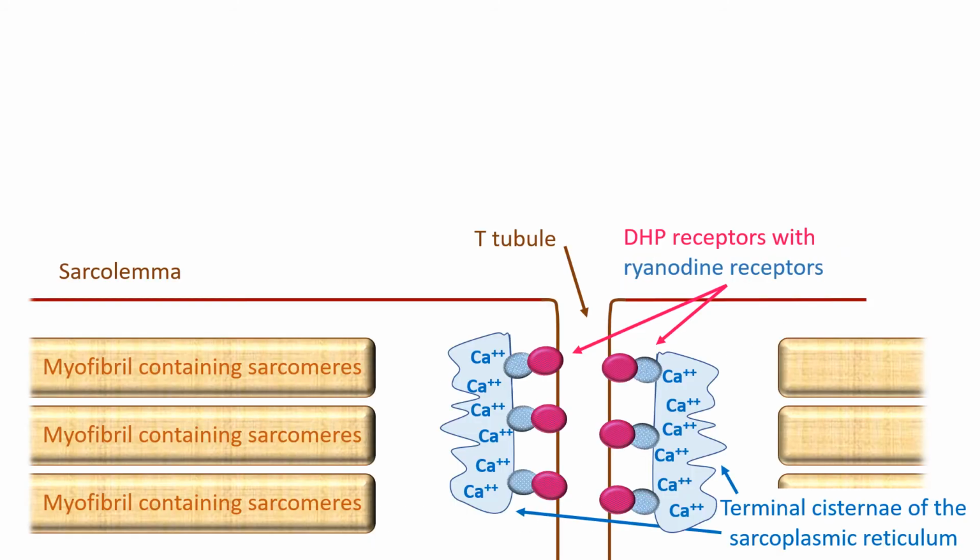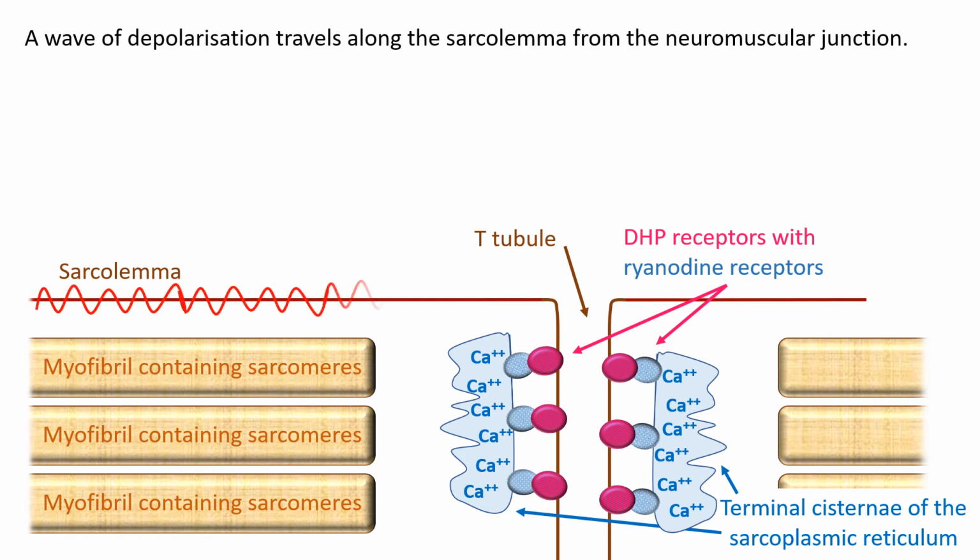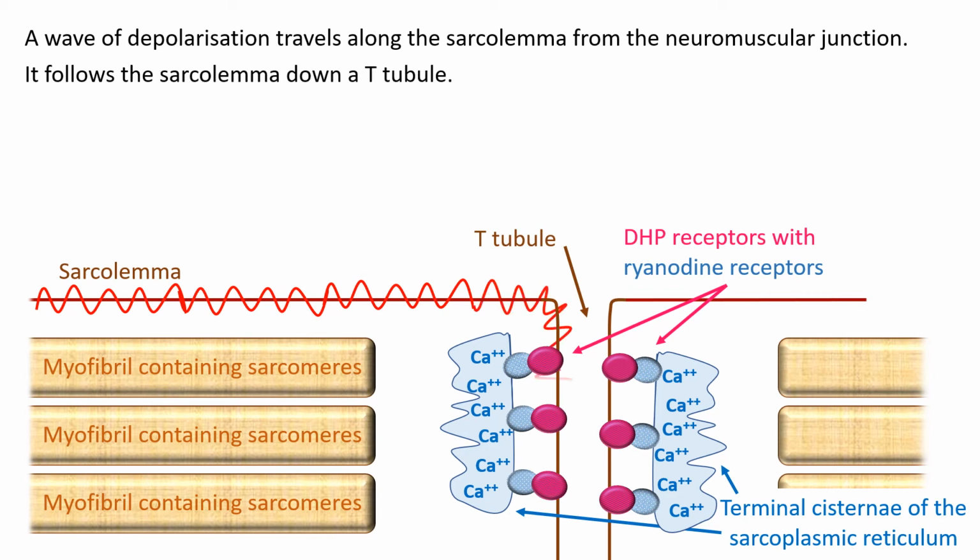So let's put that together in terms of where we left off with our neuromuscular junction. We have our wave of depolarization traveling along from the neuromuscular junction along the sarcolemma of a single myocyte. It follows the sarcolemma because, of course, these potentials are always across the membrane. They have to follow the membrane. It follows the sarcolemma down a T tubule.